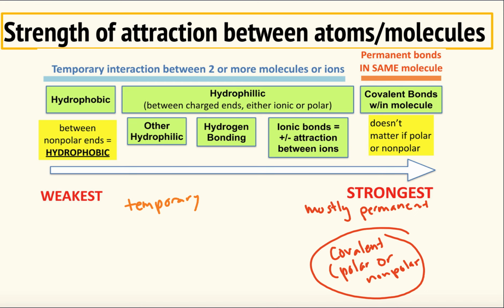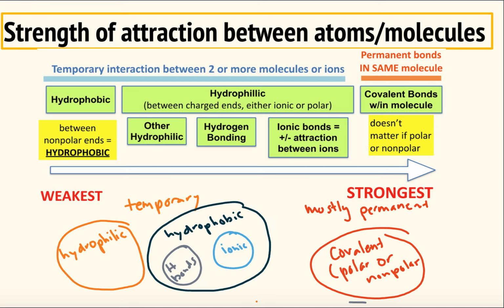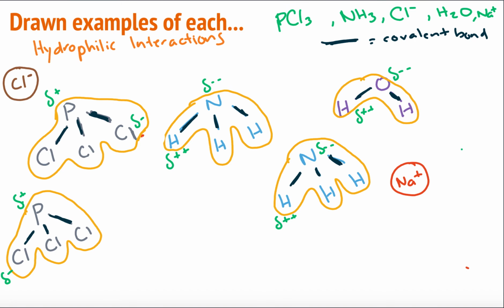However, in terms of temporary interactions, you have two kinds. You have hydrophilic interactions and you have hydrophobic interactions, and hydrogen bonds and ionic bonds are just smaller parts of all potential hydrophilic interactions.